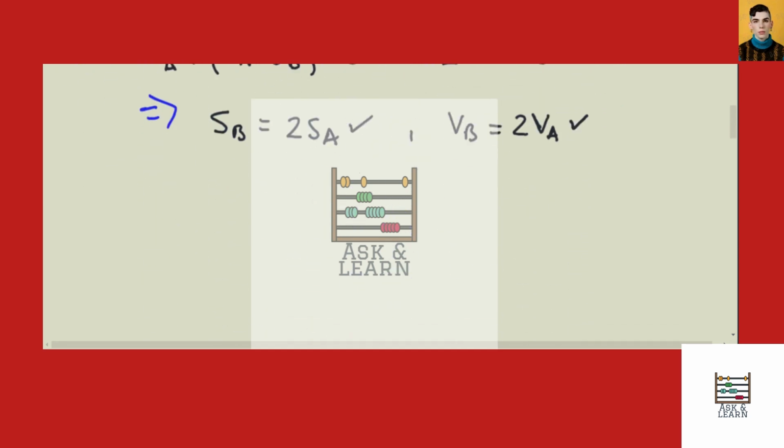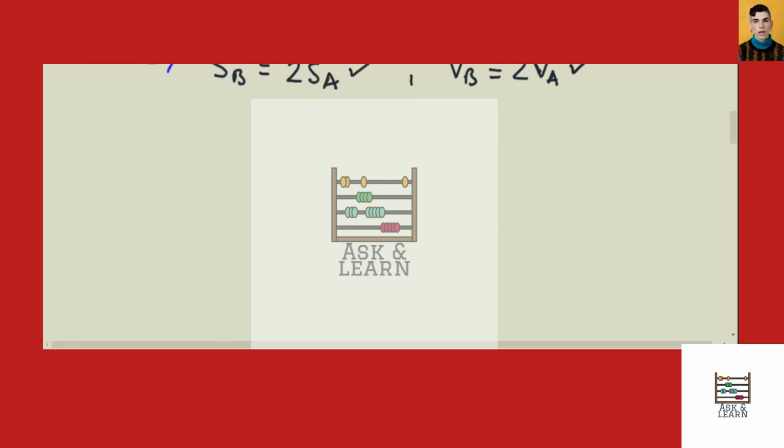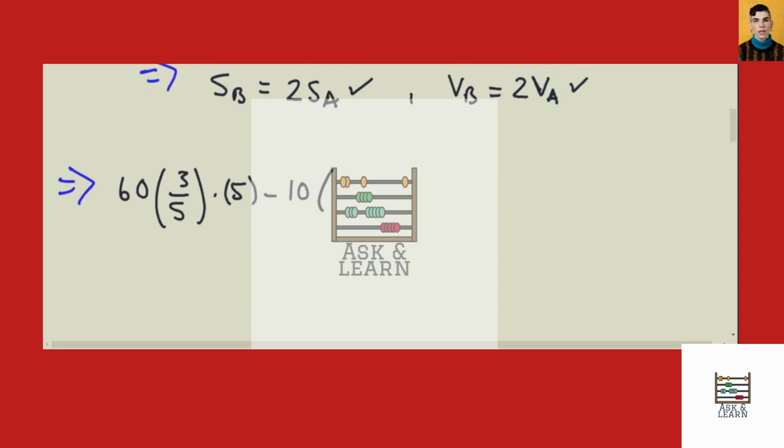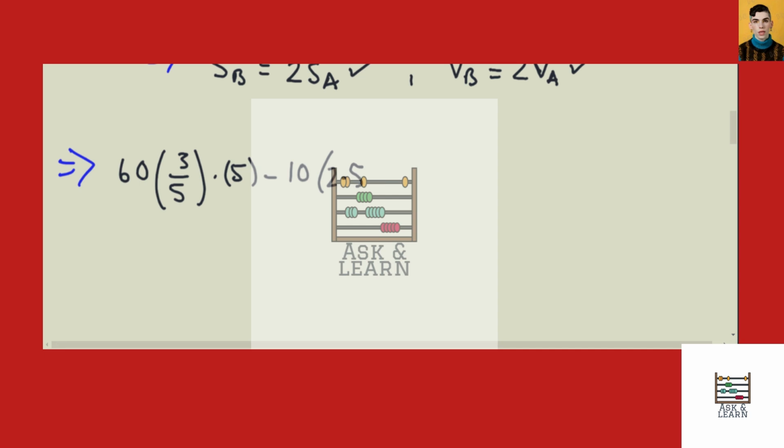So now we can plug in our values. So we have 60 for the weight times 3/5 times 5, the distance, minus 10 for the weight of block B. And now SB is 2 SA, so we have 2 times 5, is equal to 1/2 MA, which is 1.86, times VA squared.